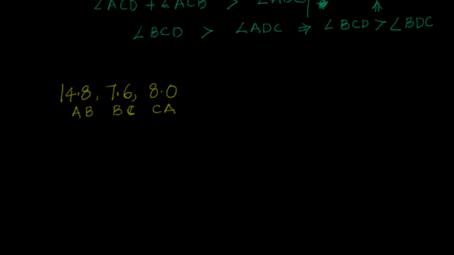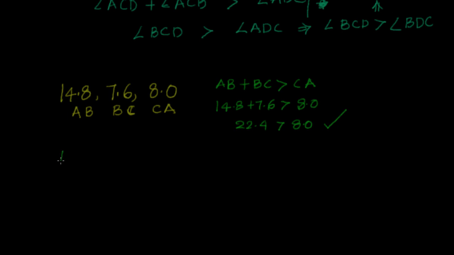Now what I should do first? I should check for AB plus BC greater than CA. What is AB plus BC? 14.8 plus 7.6 is greater than 8.0. This is nothing but 22.4, which is greater than 8.0. So this is perfectly fine.